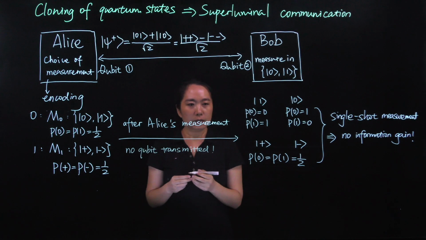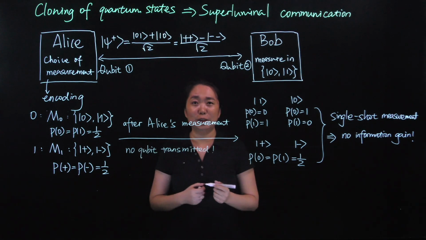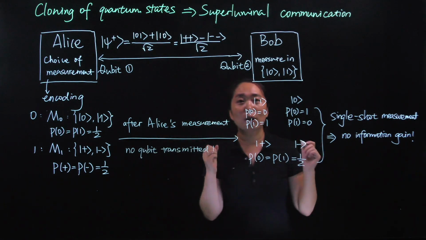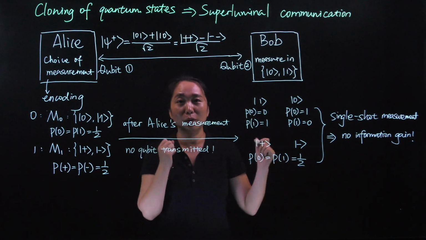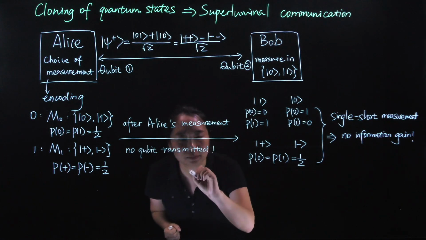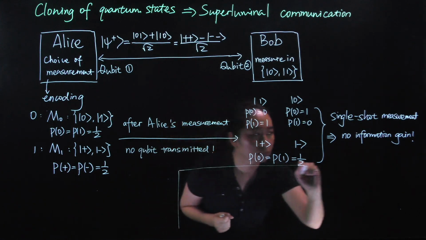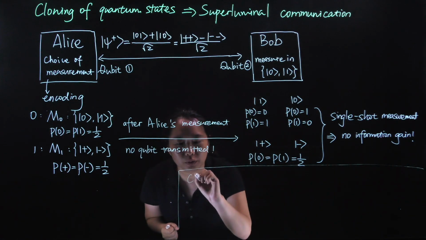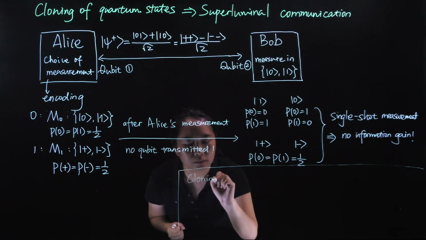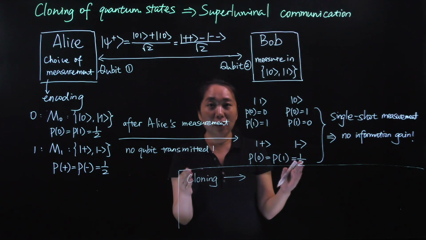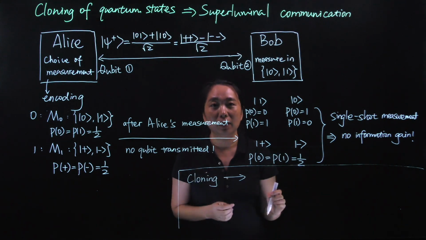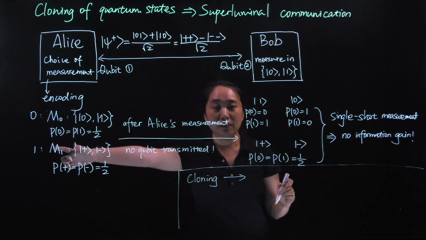Okay? And now let's assume Bob has this quantum cloning machine that he can clone his state before doing the measurements on them. So we assume cloning. With cloning, he can make as many copies of his state as possible after Alice's measurement.